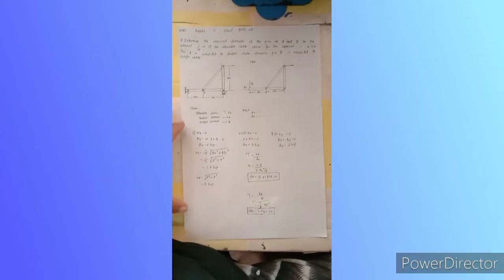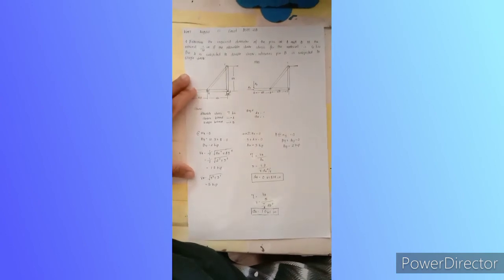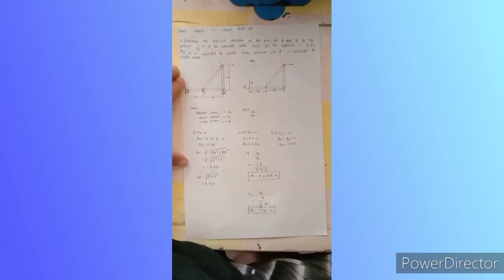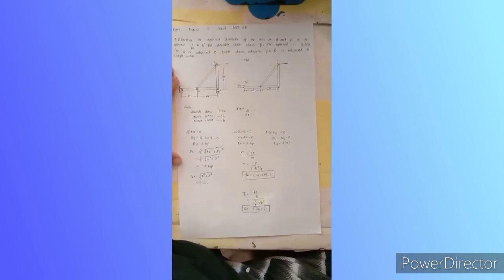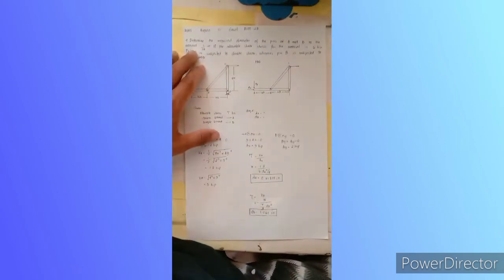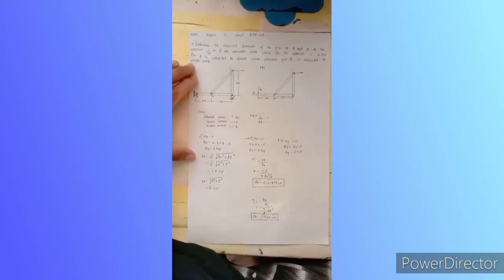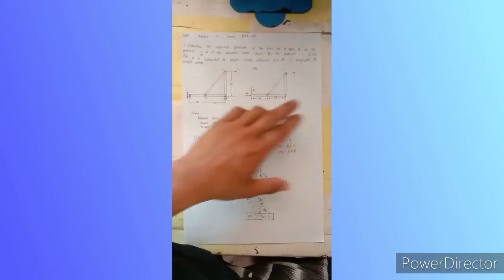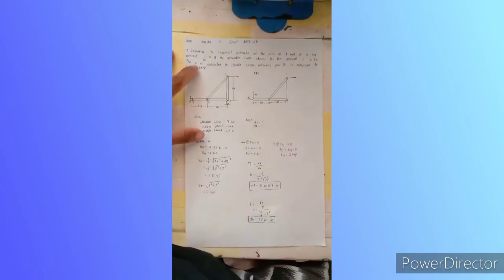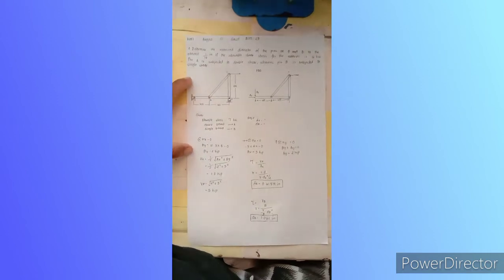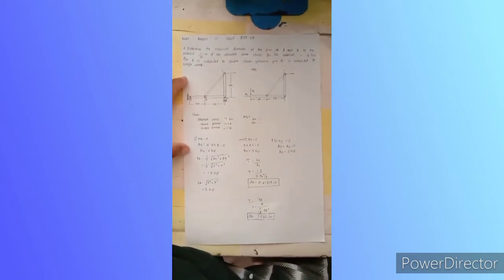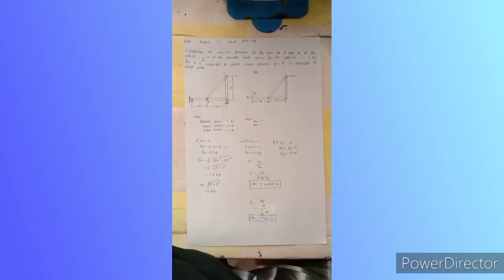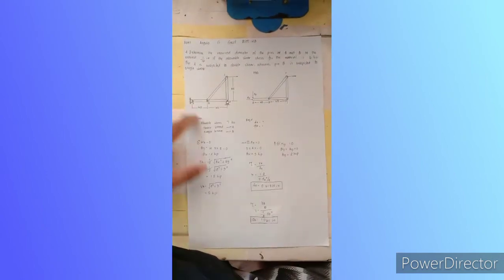So, for the number 4 problem, determine the required diameter of a pin at A and B to the nearest 1 over 16 inches, if the allowable stress for the materials is 6 KSI. Pin A is subjected to double shear, whereas pin B is subjected to single shear. So, we have a diagram na naman ulit dito.